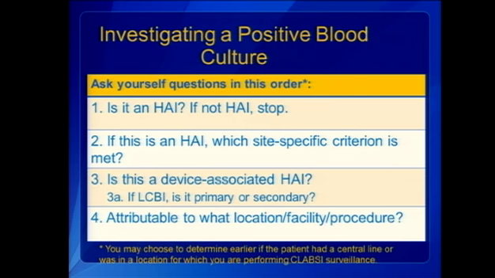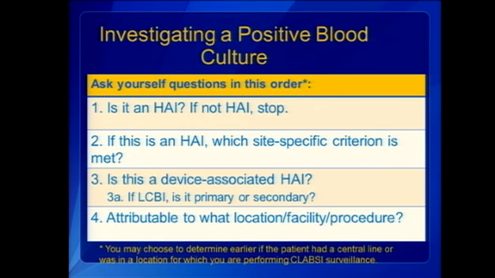Now, if you're only doing CLABSI surveillance, you may determine to do this in a different order. You might first want to look to see if the patient had a central line in place. If there was no central line in place during the hospitalization, then the patient could not develop a CLABSI, central line associated BSI, and you could discontinue your investigation.